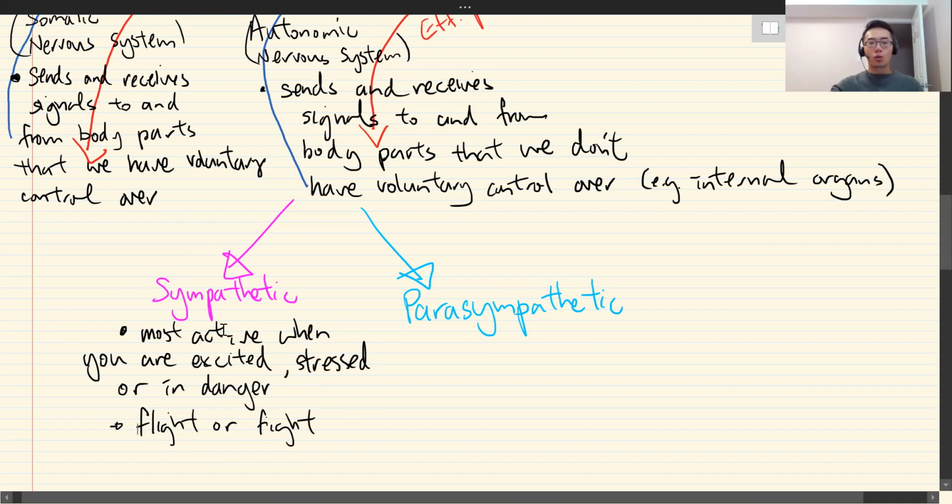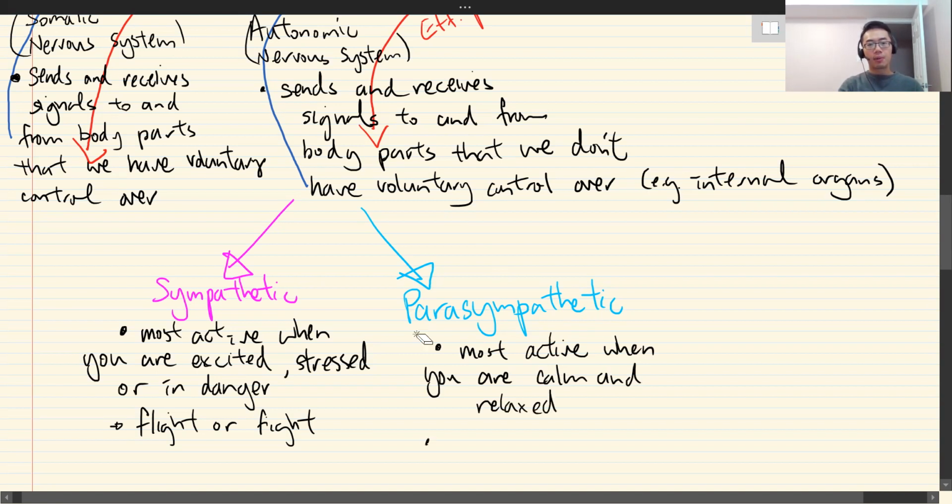If you go on a roller coaster, that thrill, that exhilaration, that's also the sympathetic system. On the other hand, if you're just chilling at home, not doing much, getting ready for bed, very relaxed, then the parasympathetic system is going to be most active. So most active when you are calm and relaxed.